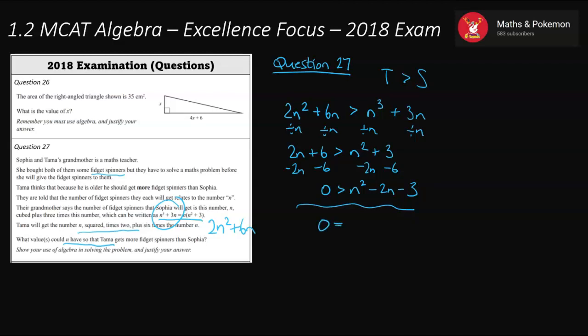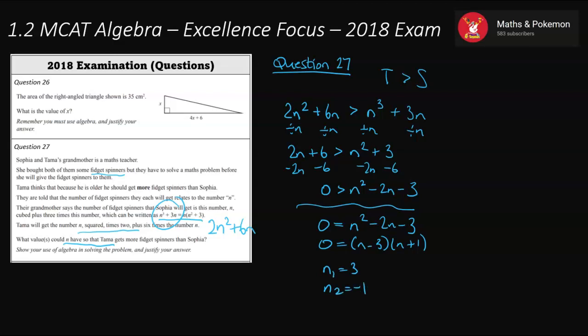So let's make that an equation to find the x-intercepts. We've got n squared minus 2n minus 3. When we factorize that, that's going to be n minus 3, n plus 1, which means my two x-intercepts are n equals 3 and negative 1.